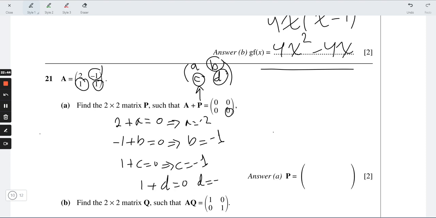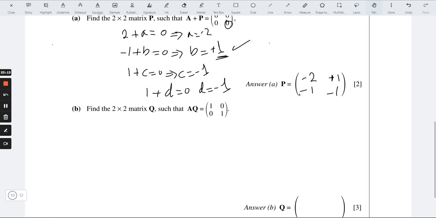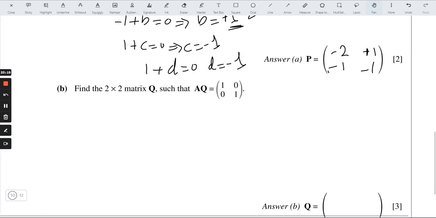That means d equals minus 1. Oh sorry, minus 1 plus b equals 0 means b is plus 1, sorry for this. So minus 2, 1, minus 1, minus 1. This is the matrix P.